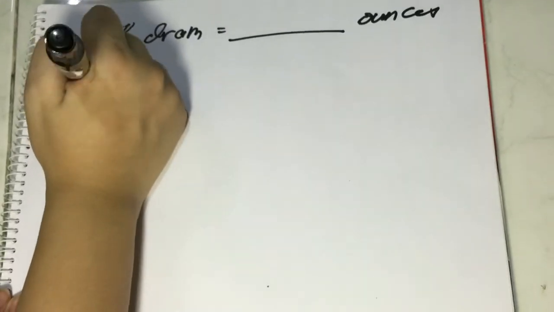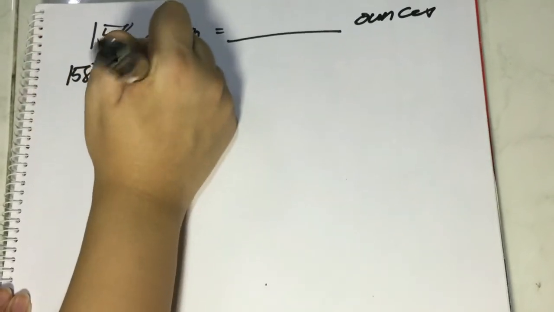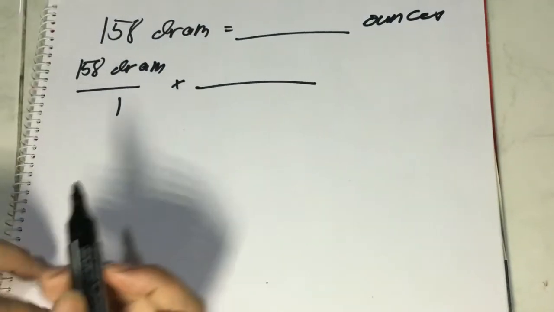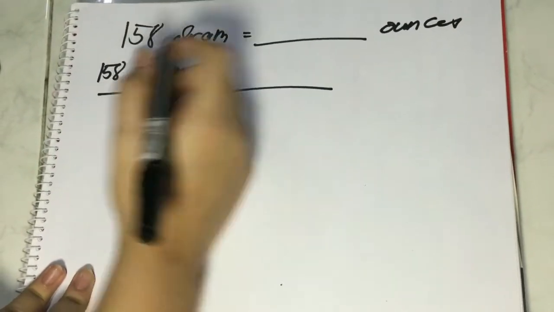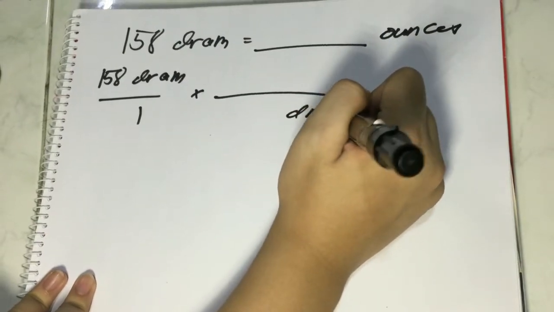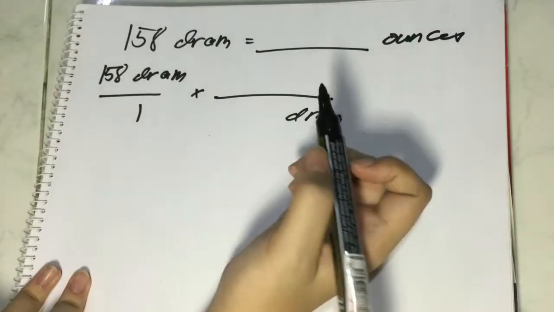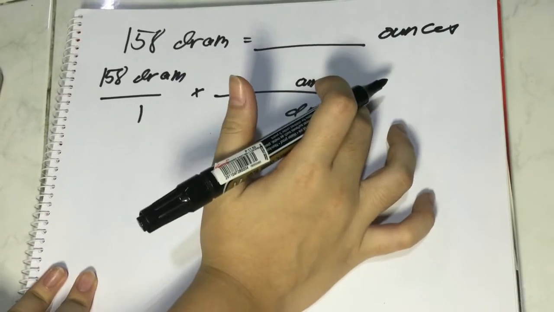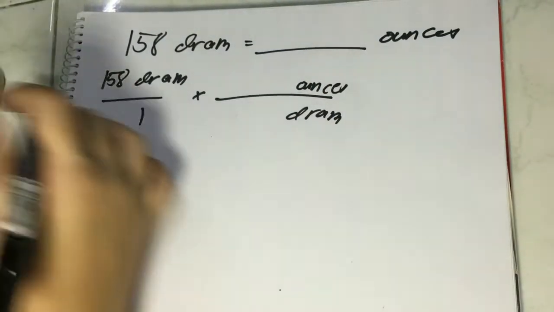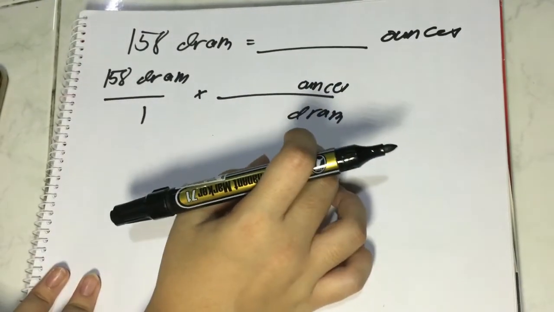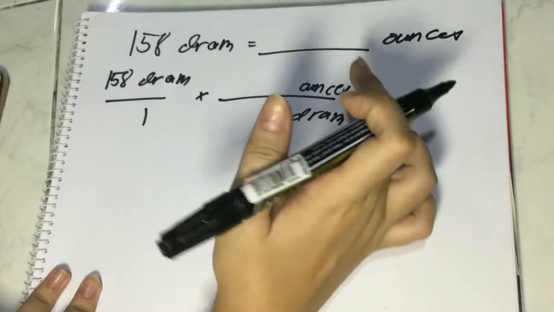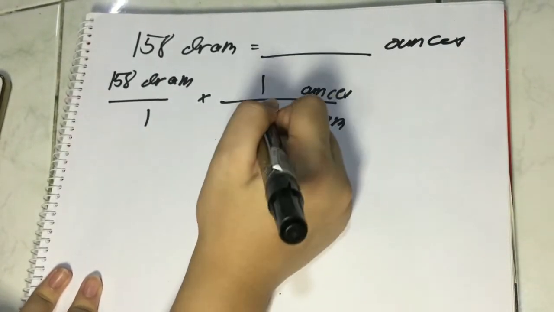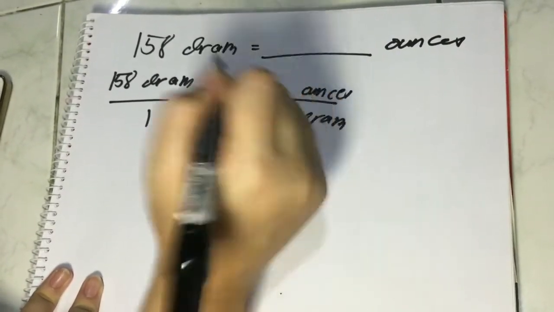So, we get 158 grams over 1 times, just like what we learned a while ago, gram on the bottom and ounces on top, for it is the desired unit we are looking for. So how many grams are there in 1 ounce? It was also mentioned earlier that 8 grams is equal to 1 ounce.